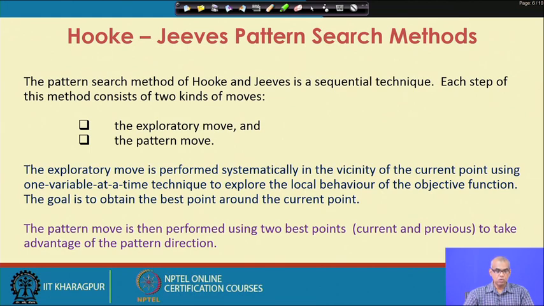So, first we perform exploratory move to obtain the best point about the current point, and then using the current best point and the previous best point, we determine the pattern direction and we perform a pattern move. Again, if the pattern move leads to improvement in the objective function, we will accept the pattern move, otherwise we will discard it. We will see more when we discuss the algorithm.